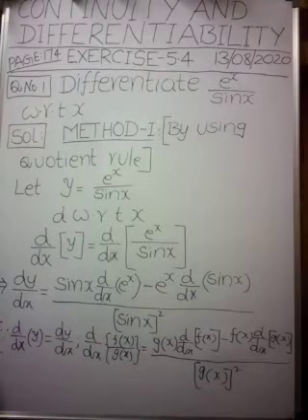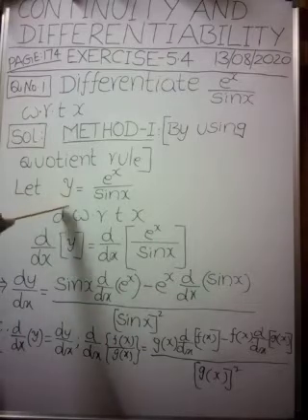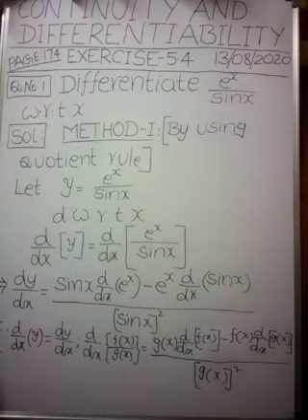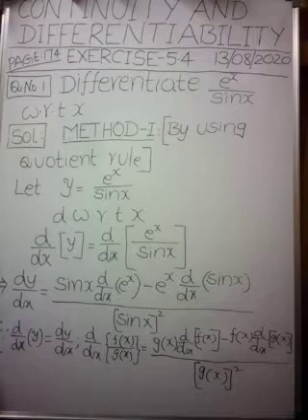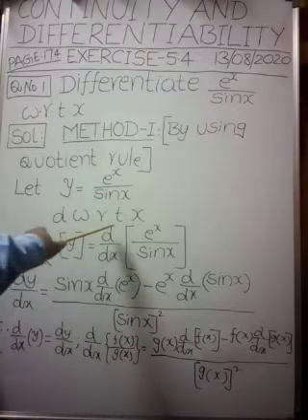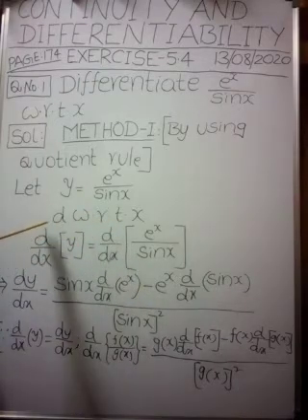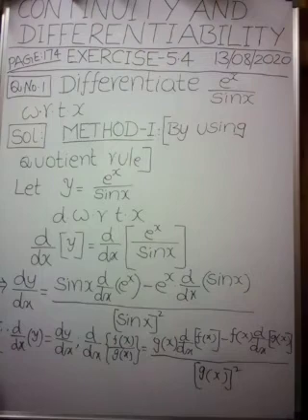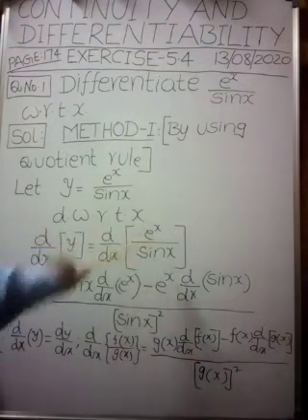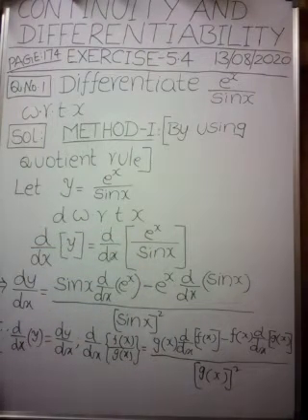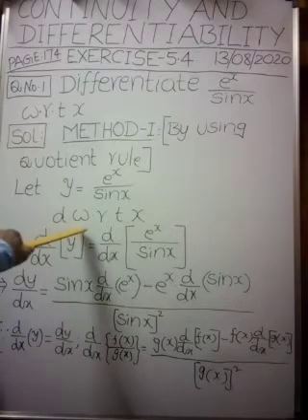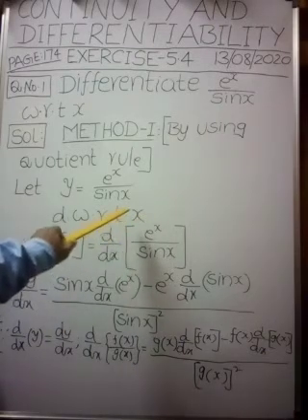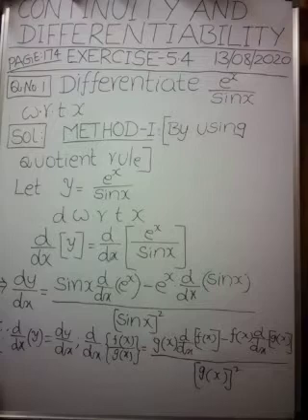Let us consider y is equal to e power x by sin x. Differentiating with respect to x. Previously, I told you many times, this sentence stands for differentiating with respect to x. This is the short form of that sentence.